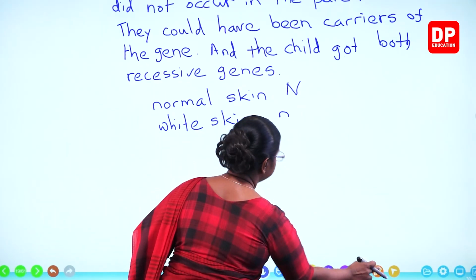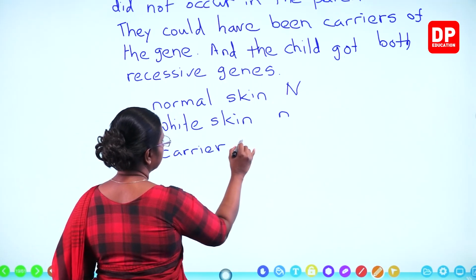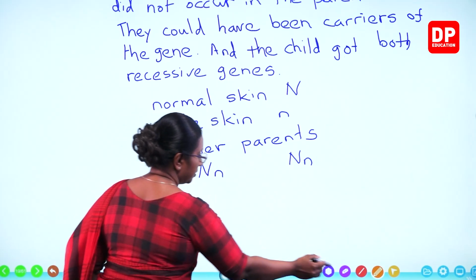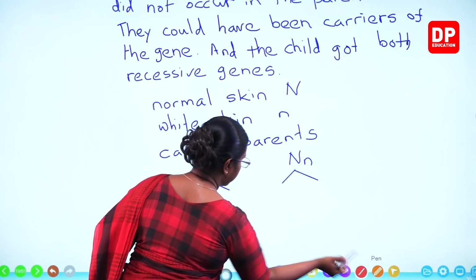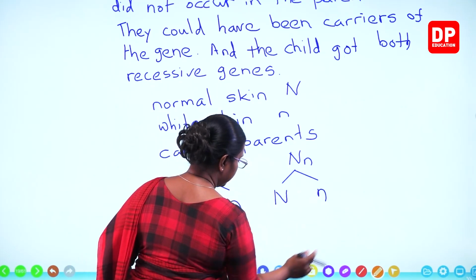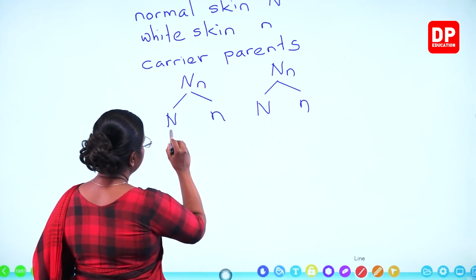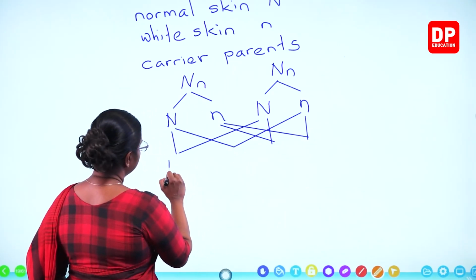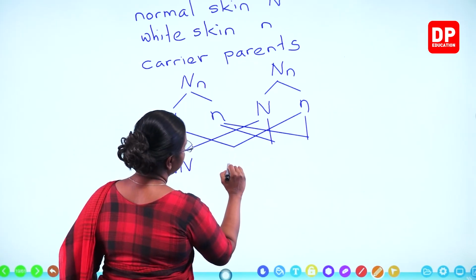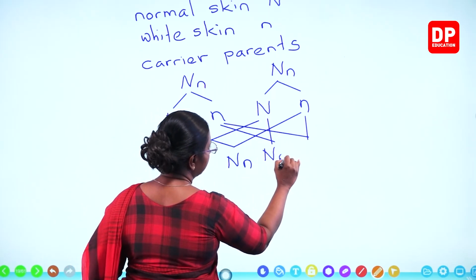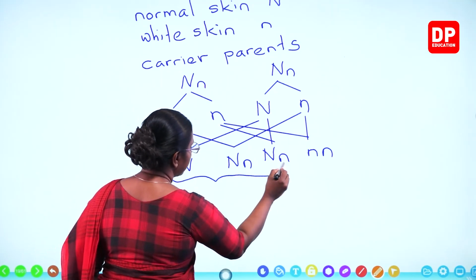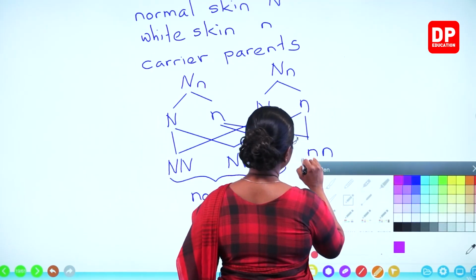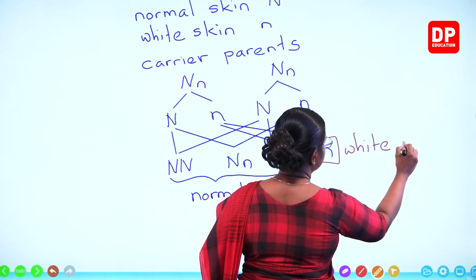So if both parents are carrier parents, capital N, simple N, capital N, simple N. When you have the gametes, we will have capital N, simple N, capital N, simple N. And when that combines like that, here we have capital N, capital N, simple N, capital N, and simple N, simple N. Now these are all normal skin, but here this one is white skin.